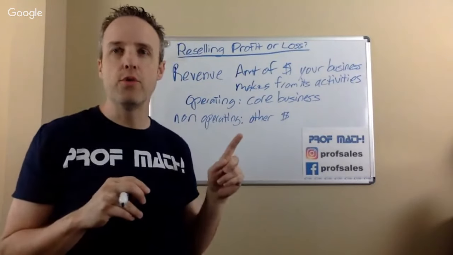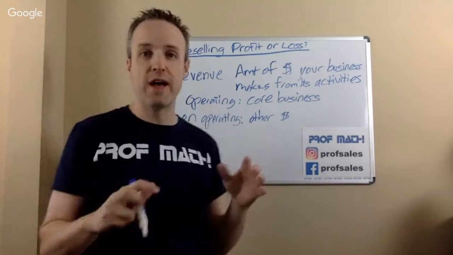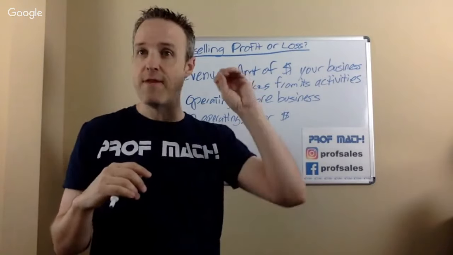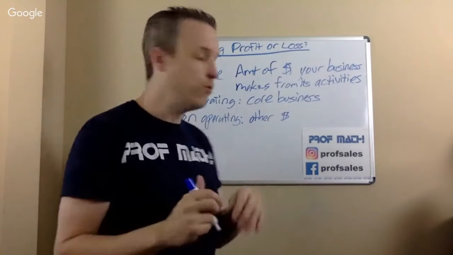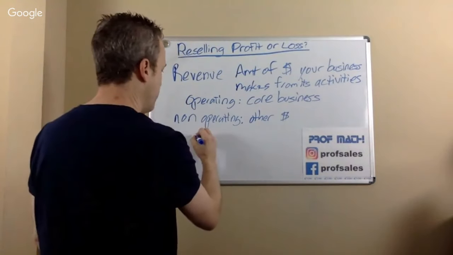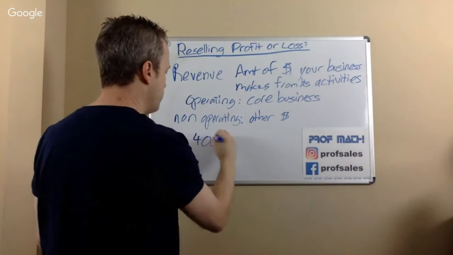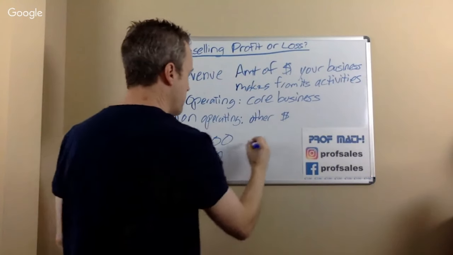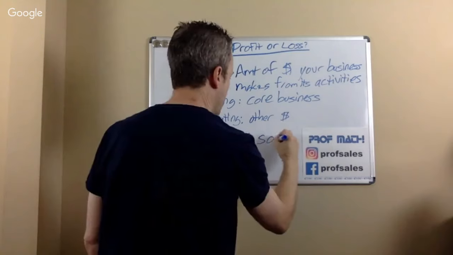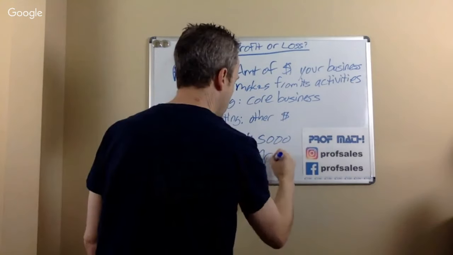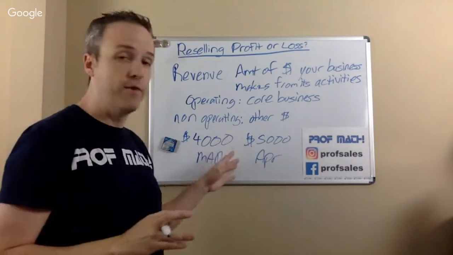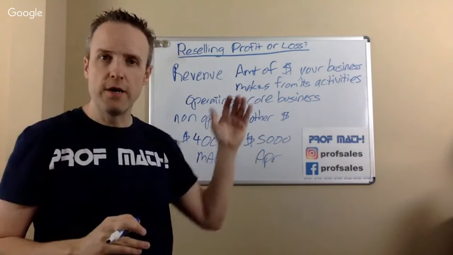Knowing your revenue for a given period of time allows you to track your results. Okay, so you can say, if I had $4,000 in March, and then I made $5,000 in April in revenue, I know my revenue is on the upswing.